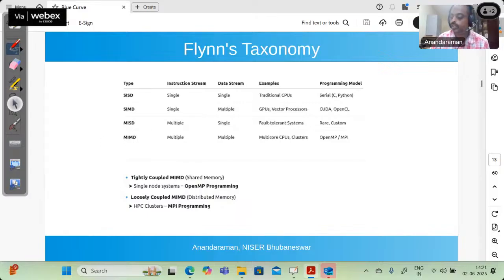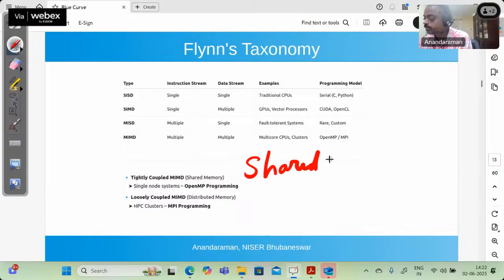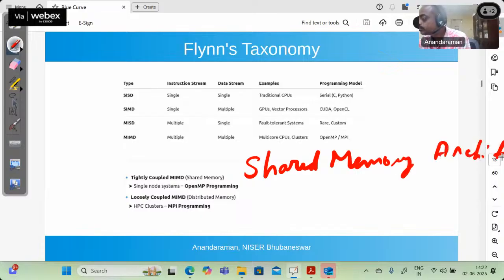In MIMD there are two types: shared memory architecture and distributed memory architecture.